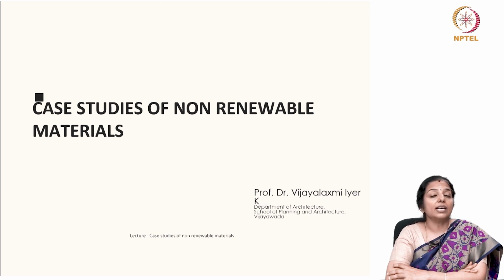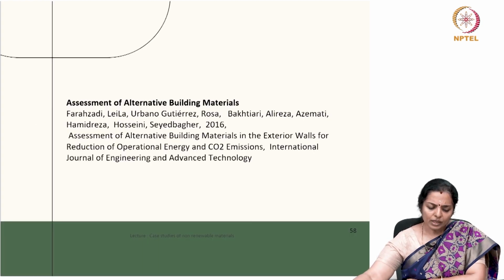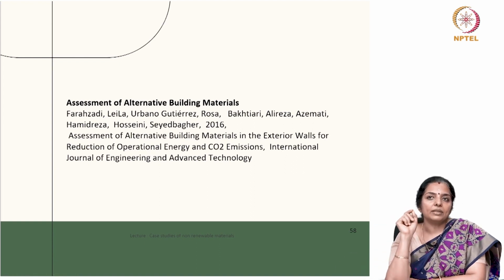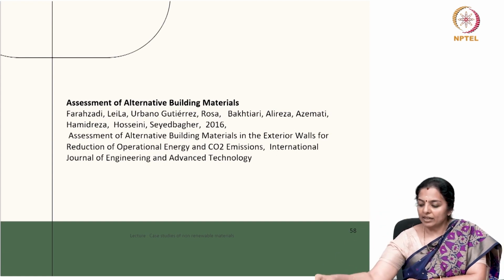So, today we will look at one of the works called Assessment of Alternate Building Materials, which looks at what happens to the amount of operational energy and carbon dioxide emissions when alternate materials are used for the exterior walls.